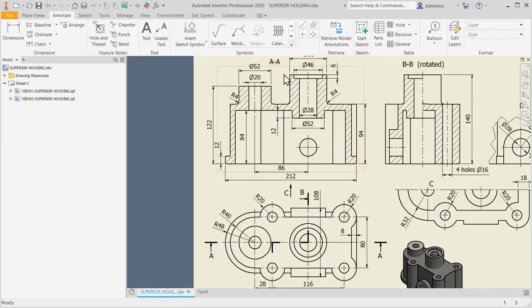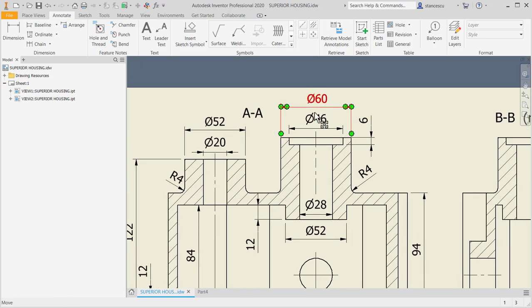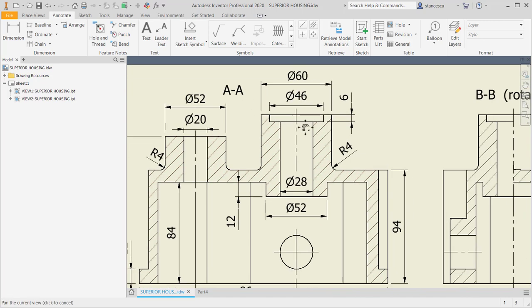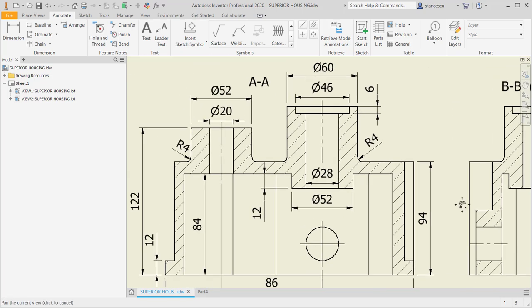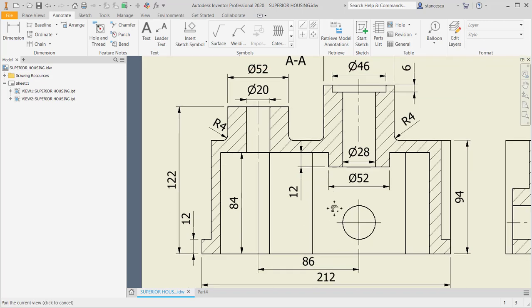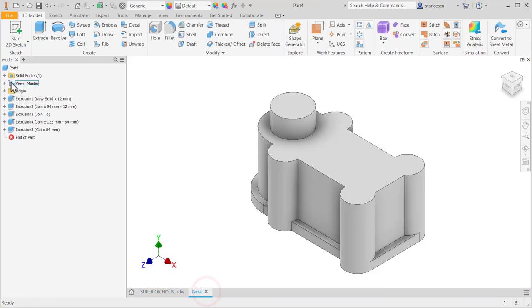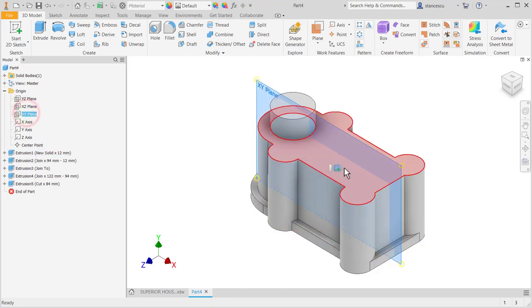Now I create this external contour for revolving. 60, 52, 104 minus 94, or height, and 12. Good. The plane is XY.